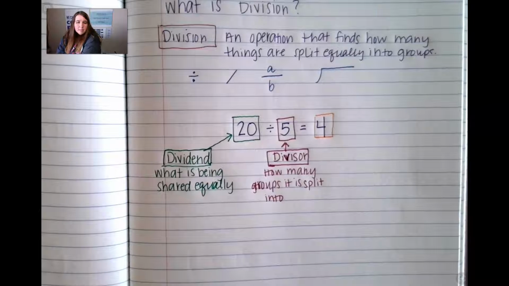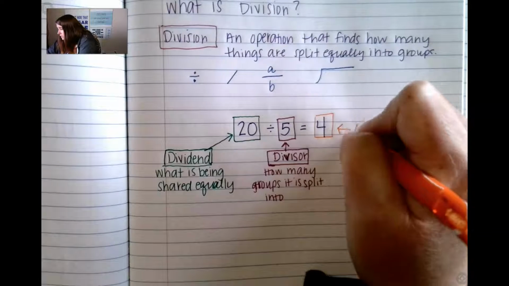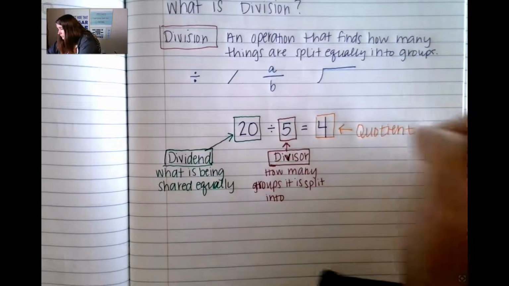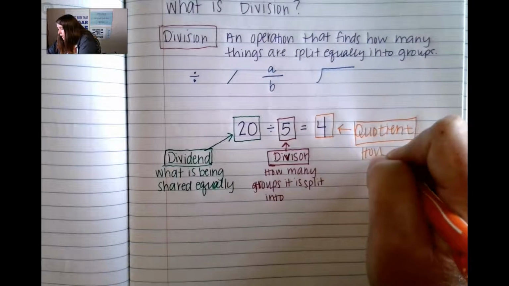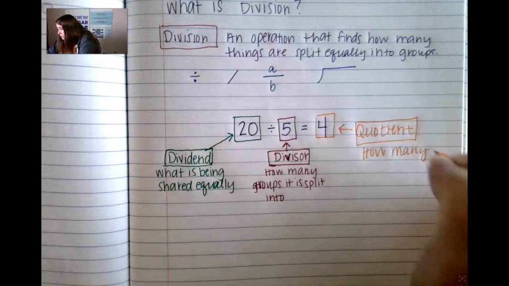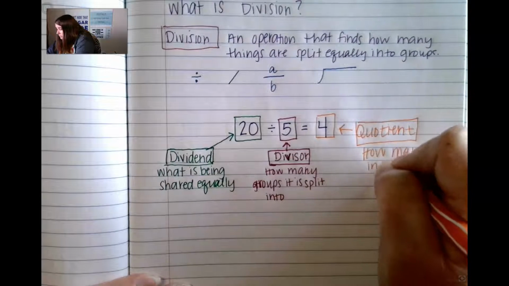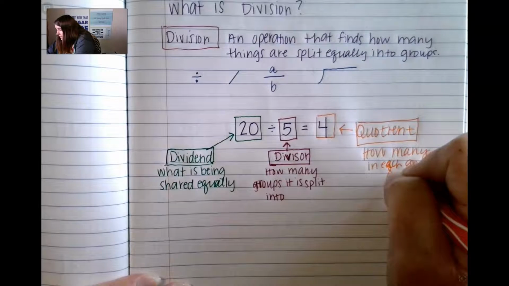The quotient is the answer to a division problem, or how many in each group. So the quotient, that's this right here. This is how many in each group, or the answer.